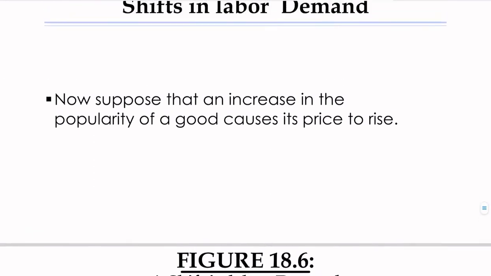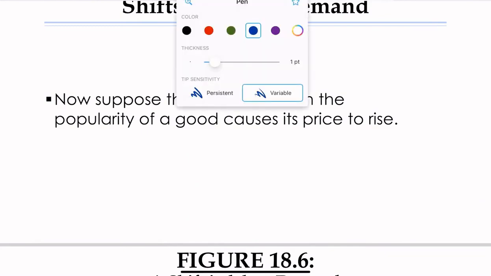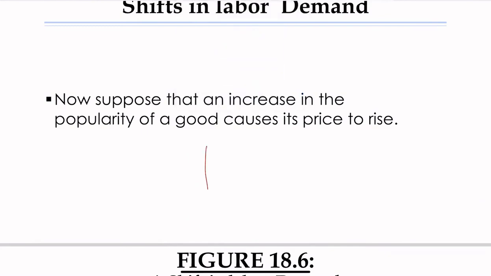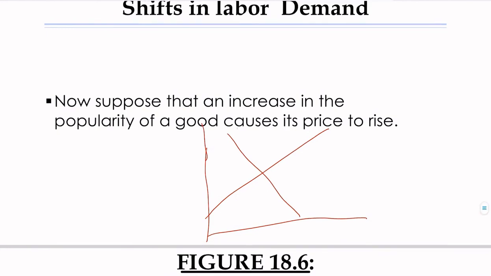In this case, if we're again looking at the market for apple pickers, what we can see here is the demand curve will actually change, right? Because we know that the demand curve is given by the value of marginal product.